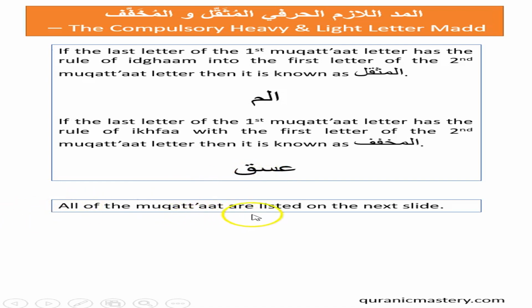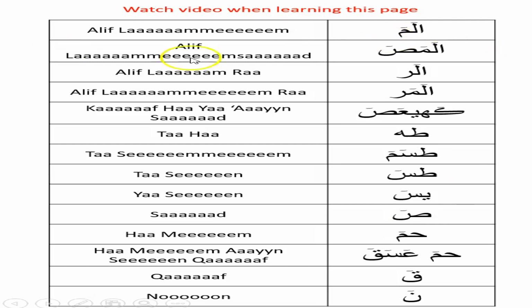Now all of the muqatta'at letters are listed on the next slide. These are the muqatta'at letters which occur throughout the Quran. What I'm going to do is read all of them so you can know how they are read. The first one is alif lam mim.